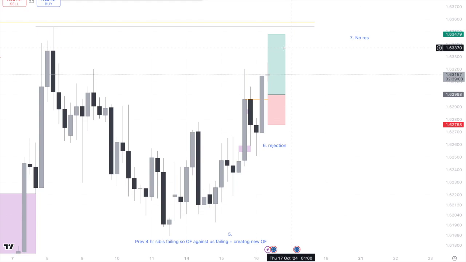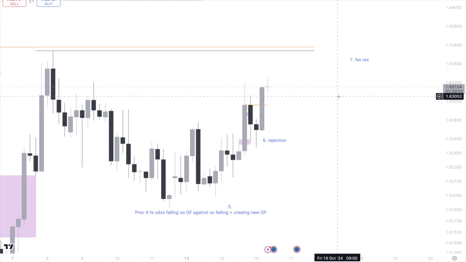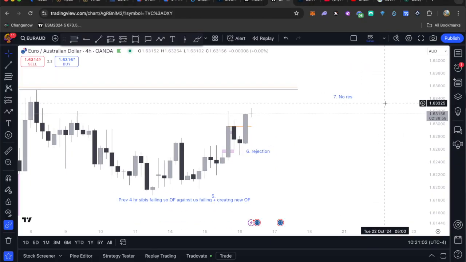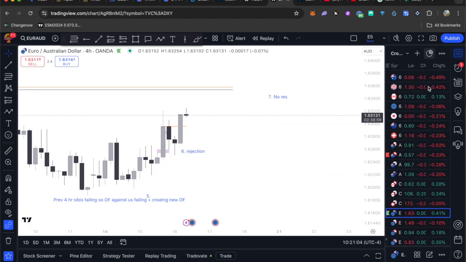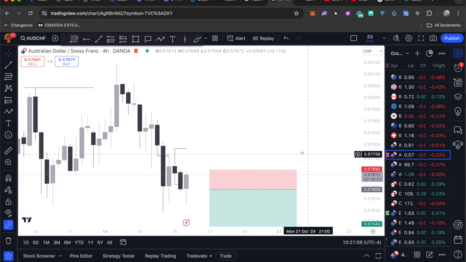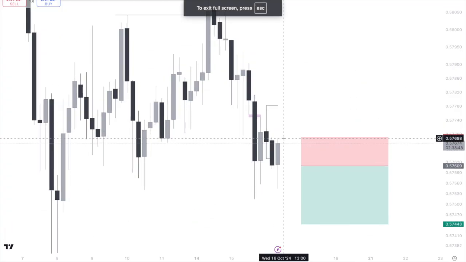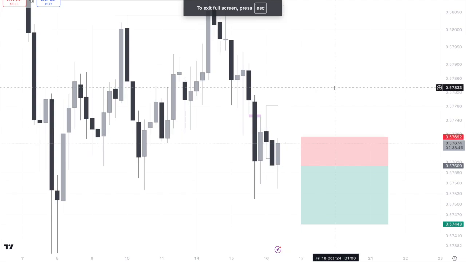But yeah, that's Euro Australian dollar, and you can see just how the arguments add up a bit better than Australian dollar CHF. I'll see what's happened on that, and this could be not quite stopped out, and we are on the 4-hour, right?